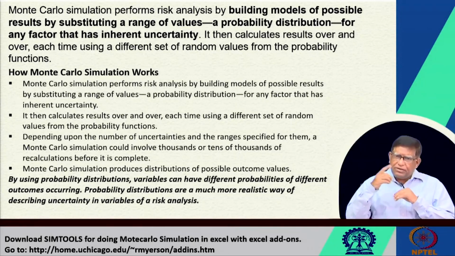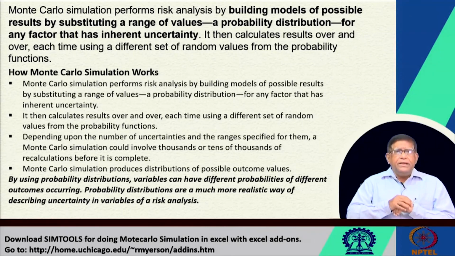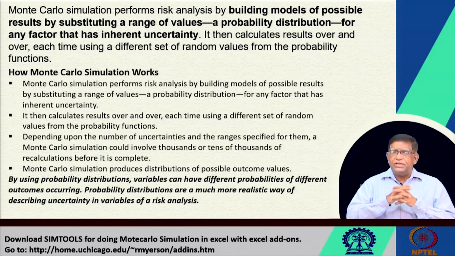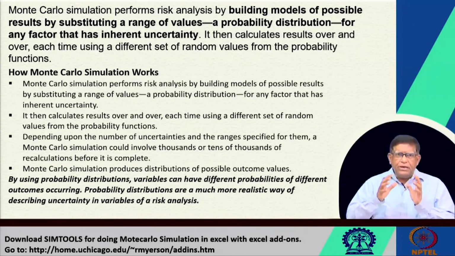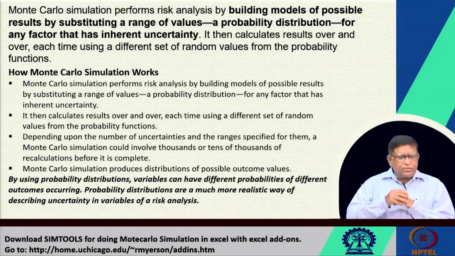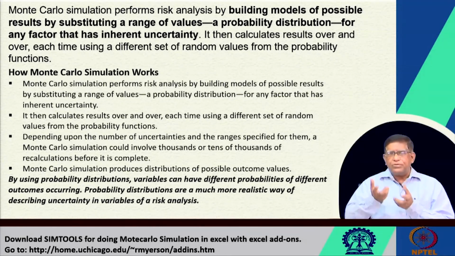That is where the iteration is a very important part of Monte Carlo. Depending upon the number of uncertainties and the ranges specified for them, this Monte Carlo simulation could involve a large number of recalculated values before it completes, and from there they determine the distributions and the possible outcomes.